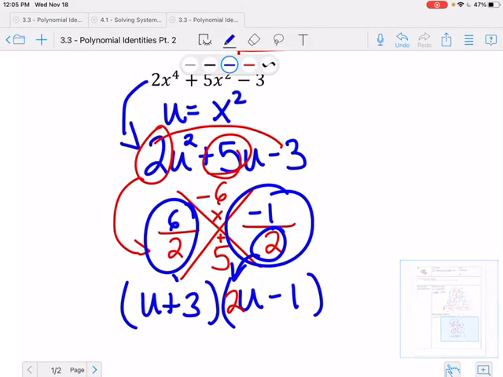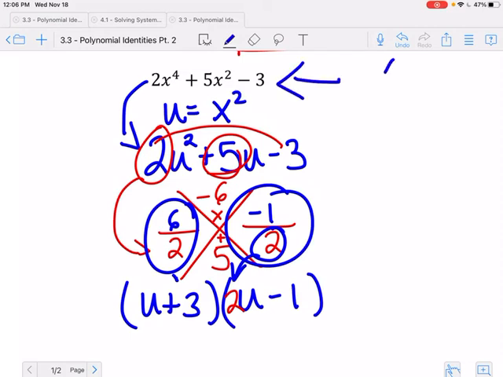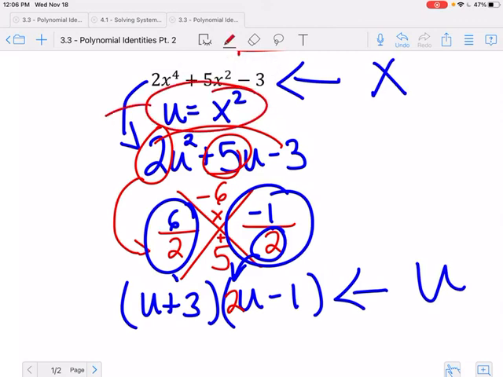Now remember that we actually started with an x and we ended with a u. Well, our answer should be in terms of x because that's what we started with. So I'm going to have to replace my u back in terms of x's, because I want my answer to be in terms of x's, not u's.